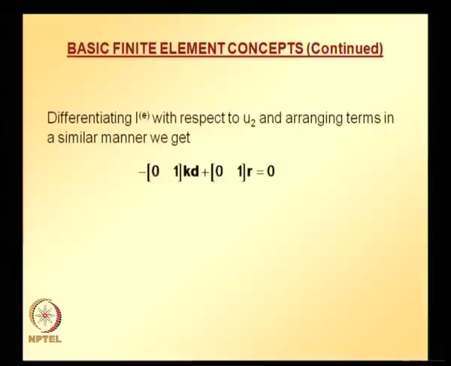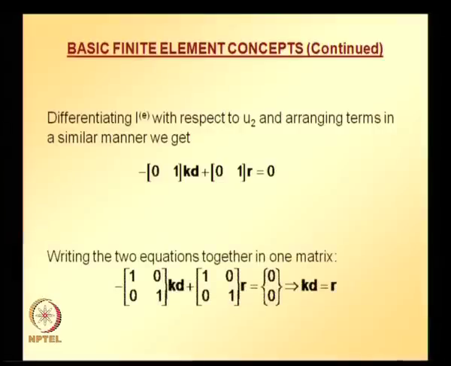You can put these two equations together in one matrix, and that can be written in a compact manner as Kd equal to R, because [1 0; 0 1] is an identity matrix. Anything you multiply with an identity matrix you get the identical quantity.